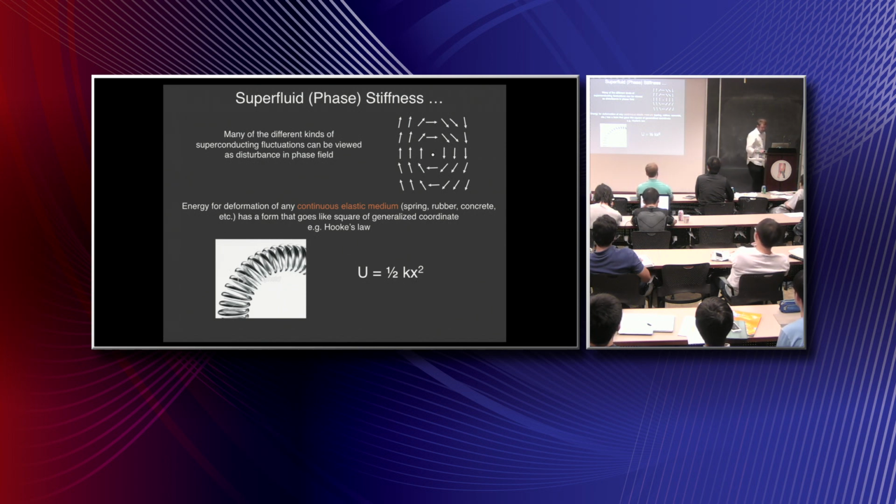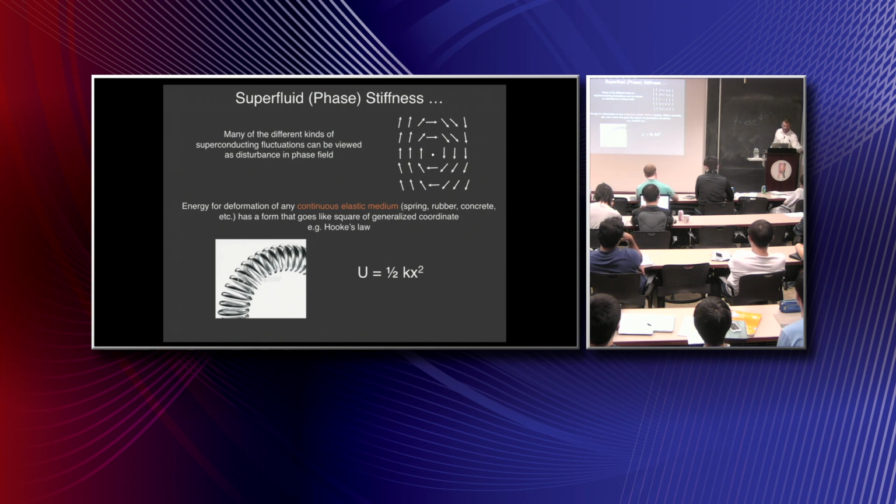Now, we can think of a superconductor or superfluid as having some kind of macroscopic wave function that we might write something like this. Okay? And in the low temperature state, if there's no currents in the system, the lowest energy state is where this phase is everywhere uniform all over the system.